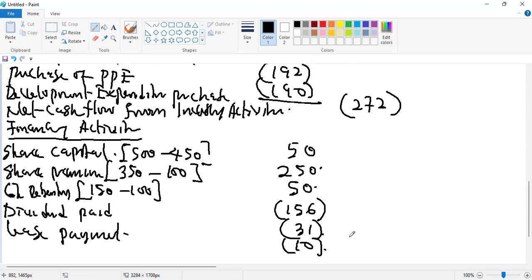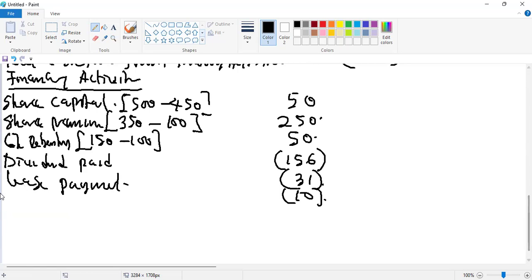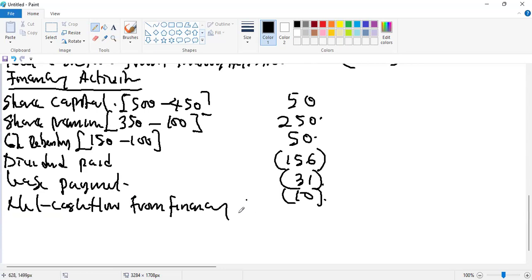I will now add everything for financing. Net cash flow from financing.